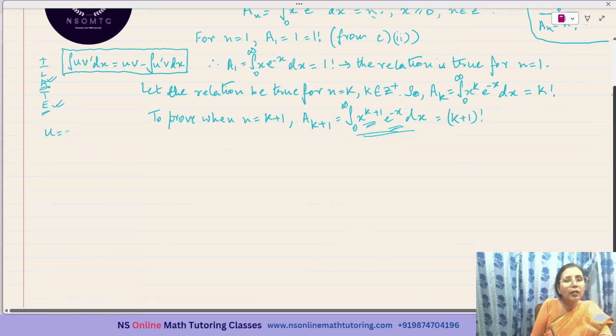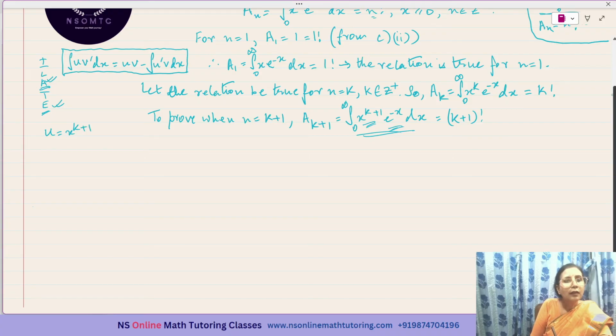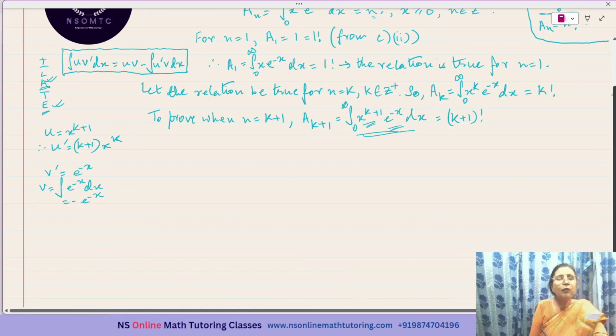Okay. So u equal to x to the power of k plus 1. Therefore, u dash is equal to k plus 1 times x to the power of k plus 1 minus 1, which is x to the power of k. Okay. And v dash is equal to e to the power of negative x. Therefore, v is equal to the integral of e to the power of negative x with respect to x, which is equal to negative e to the power of negative x. Okay. And of course, we will not be writing the plus c over here.